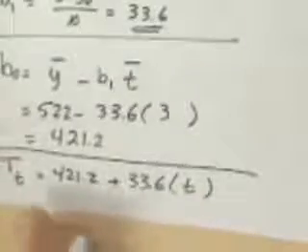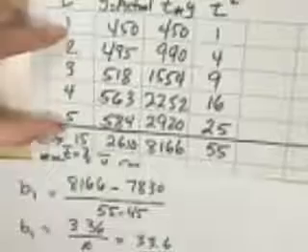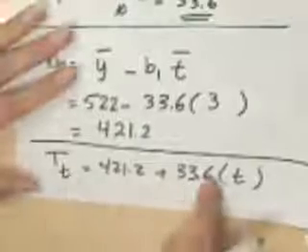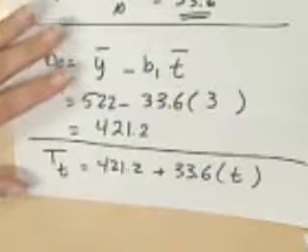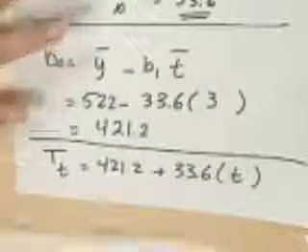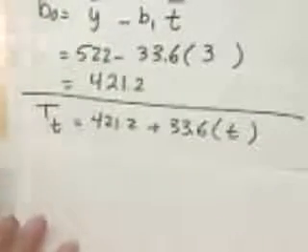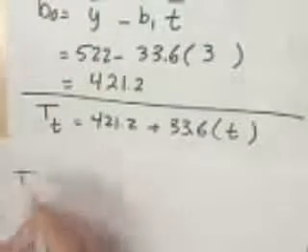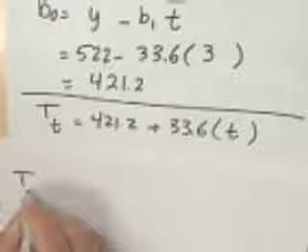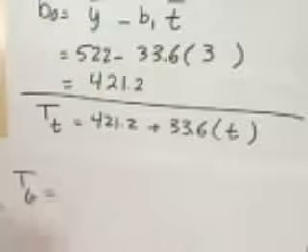So if I have 5 time periods, I averaged all the findings from that to come up with this trend equation.